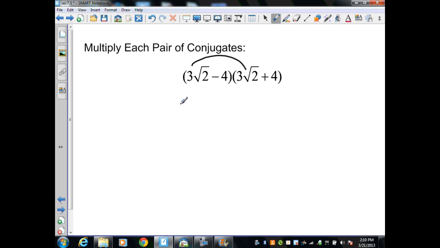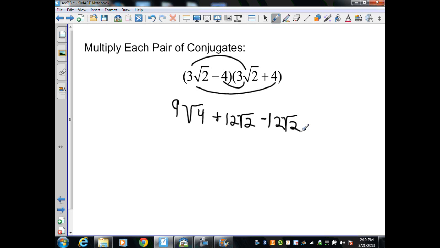My first term would be 9 square roots of 4. My outer term would be 12 square roots of 2, positive. My inner term would be a negative 12 square roots of 2. And my last term would be a negative 16.